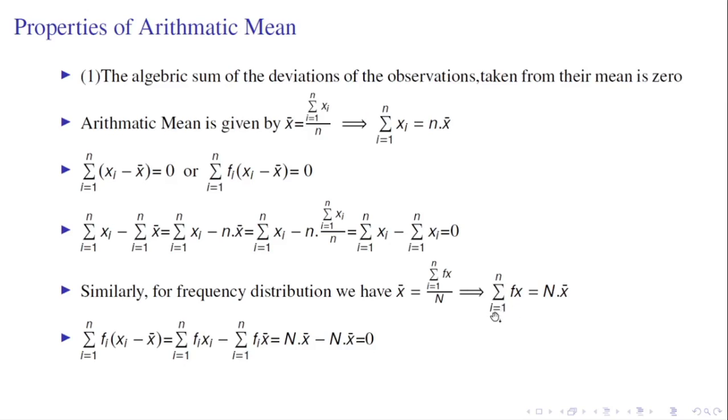We know that summation fx is equal to n into x bar. Instead of this, we can use n into x bar. Here summation fi is nothing but total frequency, that is n. This is equal to n into x bar minus n into x bar, that is equal to 0. We can prove in these two ways also. So hence the algebraic sum of deviations from their mean is 0.